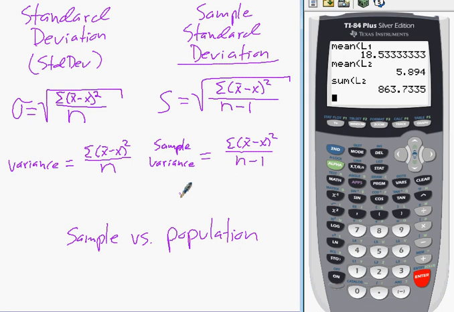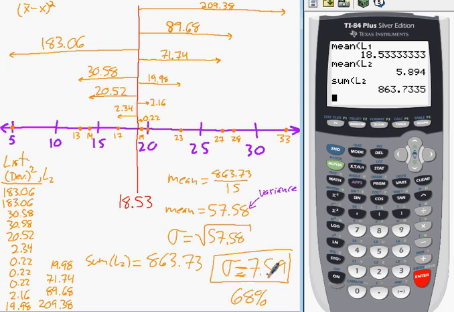Just to compare, if you were to do the sample standard deviation on those rose bushes, you end up with 7.85. And let's maybe go back and look. In comparison, there's 7.59.